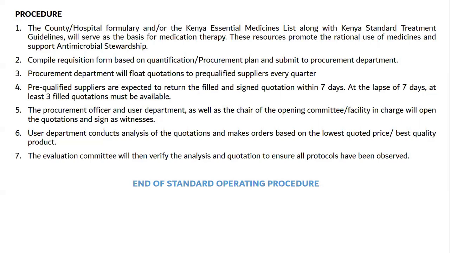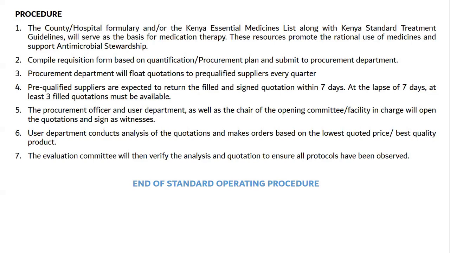So you compile what you need. Basically, you compile a requisition form based on quantification of the procurement plan and submit to the procurement department. You just have to quantify based on previous consumption history to have an actual number of need of the commodities you want to order.